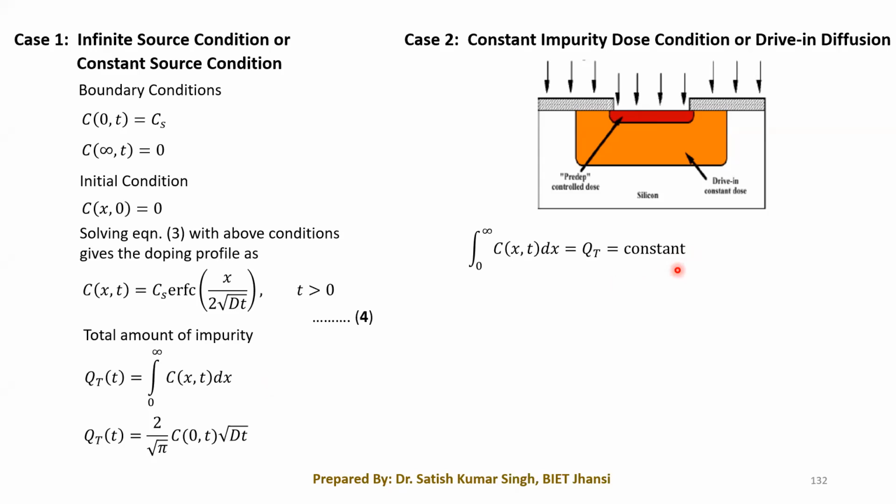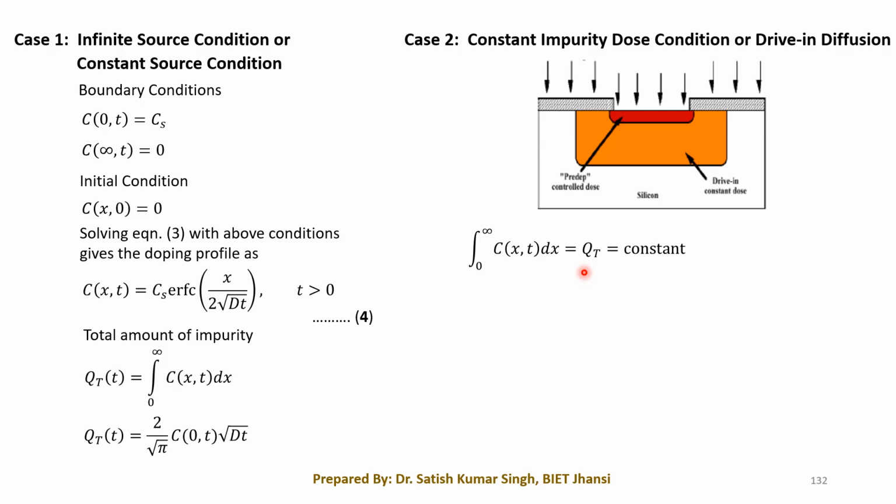The same thing holds whether you have C(x,t) given by this particular equation and we integrate it from this place to this place, whether the diffused atoms extend up to this point or, after the drive-in step, up to this point. This integration gives the total number of impurity atoms, and that is a constant, whether it is the pre-deposition step or the drive-in step.